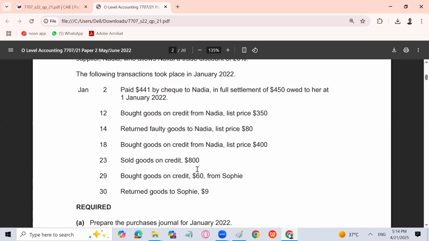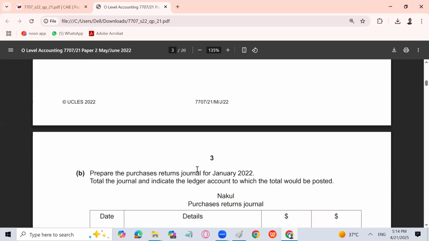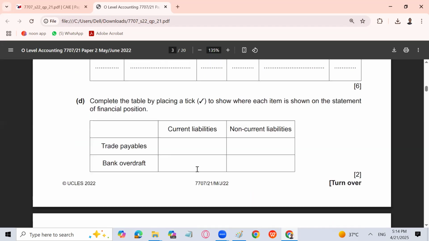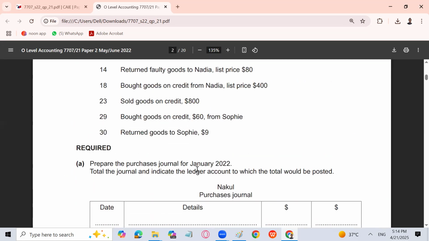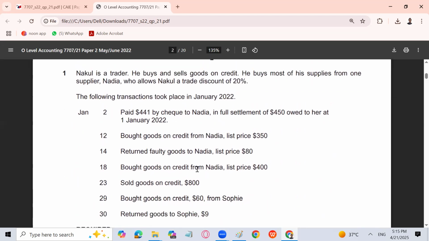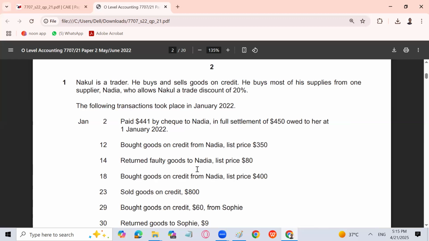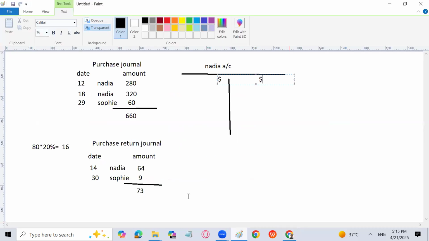In order to prepare a trade receivable or trade payable account, there is always a balance brought down to be written at the start of the month.